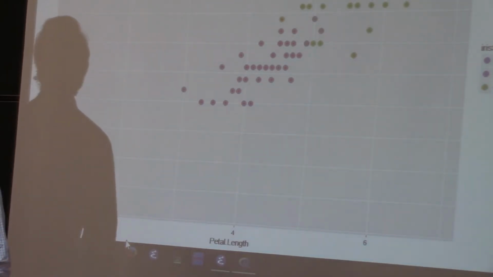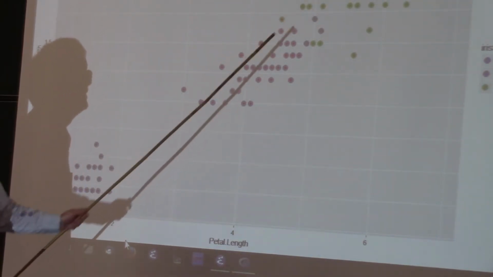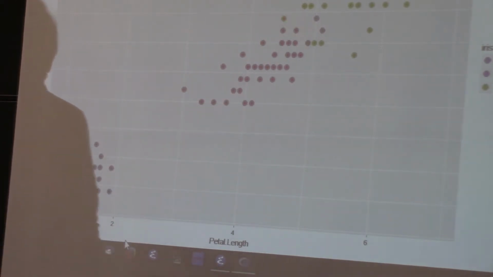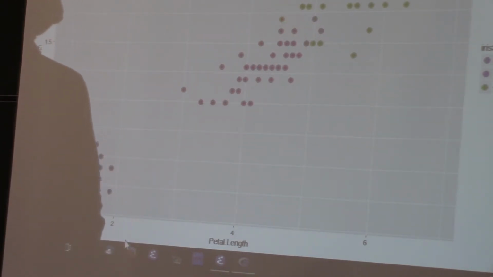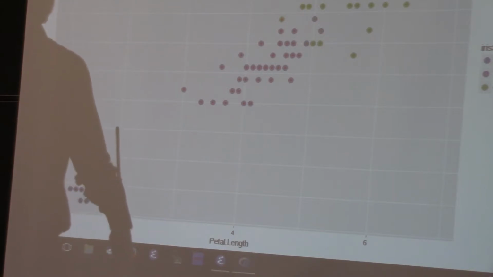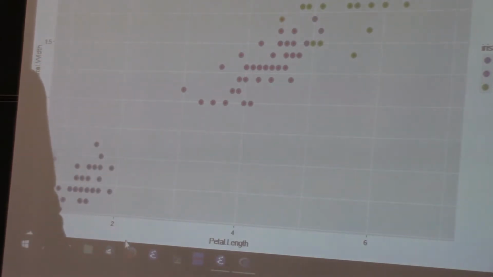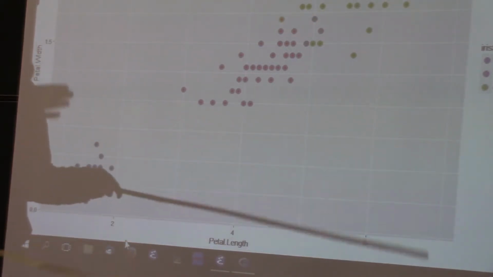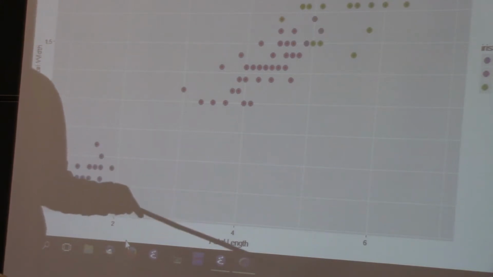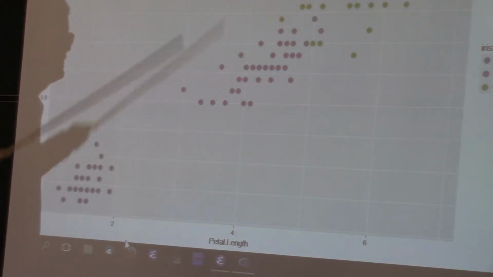This looked entirely different on my screen. I'm sorry, but each of these dots then is compound. We have an internal dot that shows the species. We have a dot surrounding it in transparent colors that shows how it was classified by the cluster. And because it's ggplot2, we can layer these different things on top of each other to give us a whole lot better notion of how we're doing.